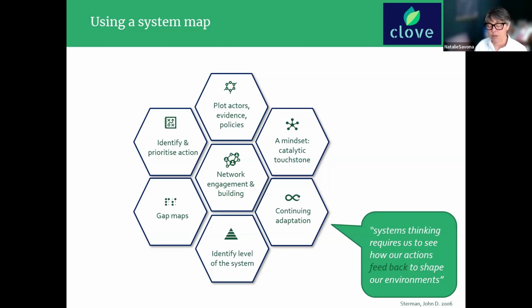But I think what the system mapping can do is generate a situation where people start to think, oh, hang on, I don't want to be left out of this. You know, a politician needs to be seen to be caring and involved and wanting to see what the network around that particular challenge is.